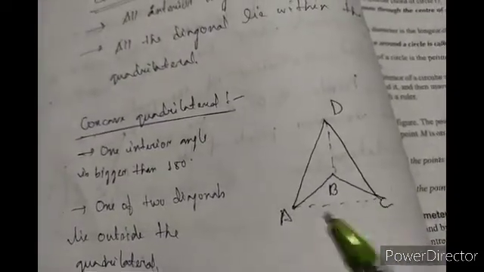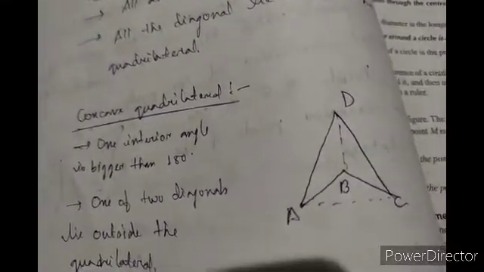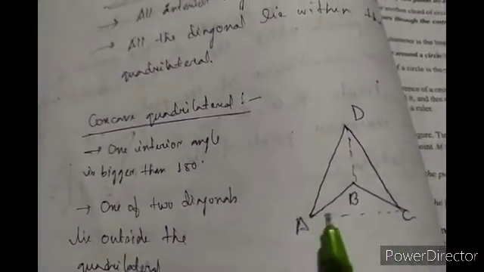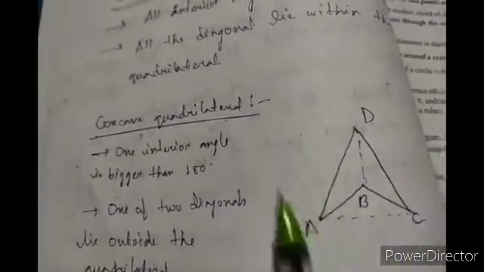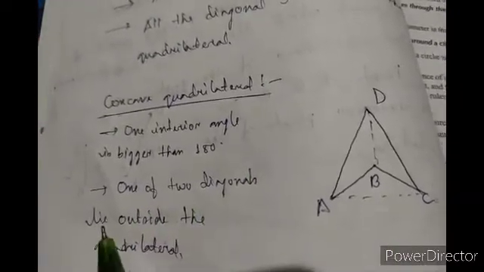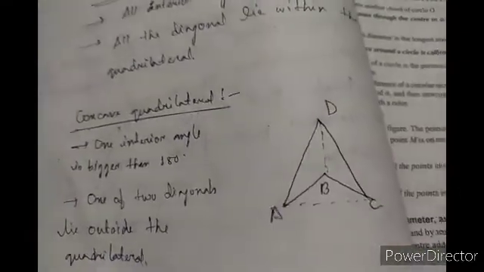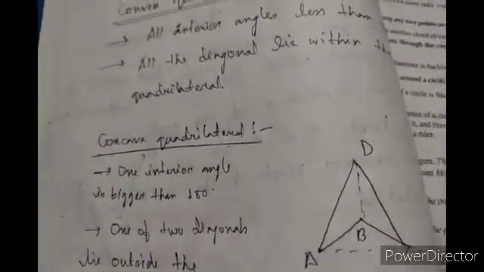Here A to C is a diagonal, and B to D is a diagonal. Diagonal BD lies within the quadrilateral, but diagonal AC lies outside the quadrilateral. So it satisfies the second condition also. So this type of quadrilateral is said to be a concave quadrilateral.